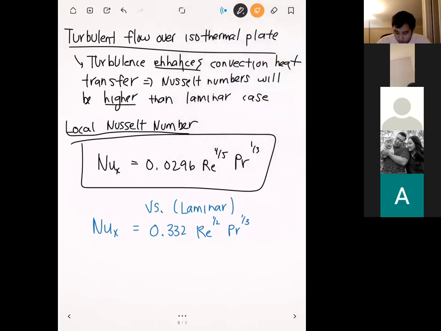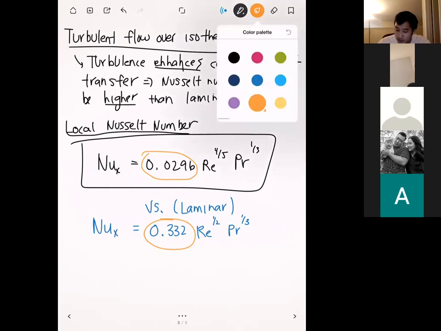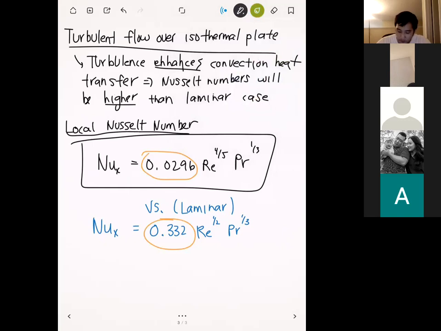When you compare these two, at first it might look like the laminar flow one is higher because the coefficient out in front is bigger: 0.332 for laminar, but 0.0296 for turbulent, which is 10 times lower. But the big difference comes in the exponent for the Reynolds number. For laminar flow, we only had an exponent of 1/2, but for turbulence we have an exponent of 4/5, and that actually makes a huge difference in what your Nusselt number is.